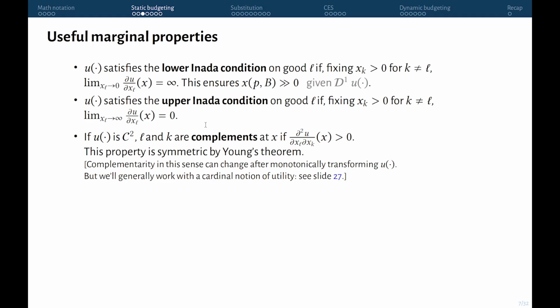We'll generally be working with the cardinal notion of utility, though. I'll talk a bit about what I mean by that and why we'll do that later in this lecture. But I think these are just useful properties of functions in general to know about. You can also apply them to production functions and whatever else. And we're talking about utility here, but these are properties of functions, and they're not necessarily retained under monotonic transformation.